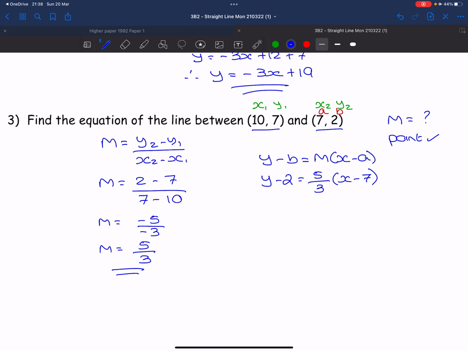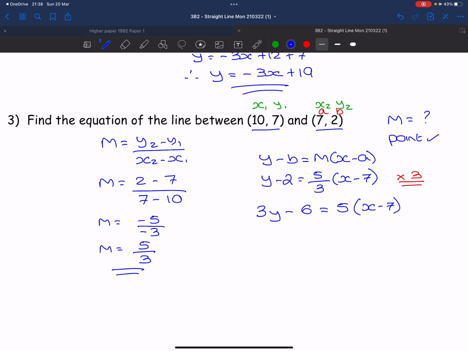Get rid of your fraction first. Multiply everything by the denominator. So let's multiply everything here by 3. So that will give me 3y minus 6 is equal to 5 bracket x minus 7. To make sure my equation is balanced, I must always multiply both sides by the same number.